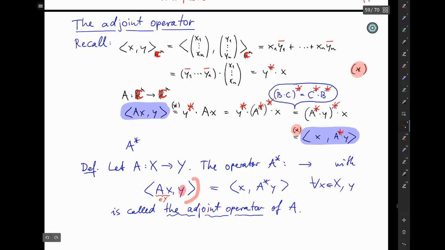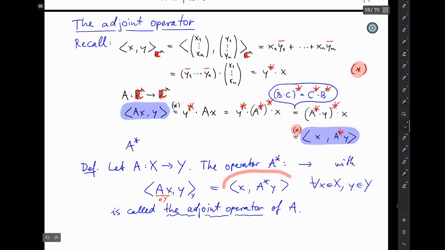Well, this is telling us two things. First of all, this little y has to come also from capital Y. And the scalar product here has to be the scalar product in Y. Let's just make this clear by writing our capital Y as a subscript here.